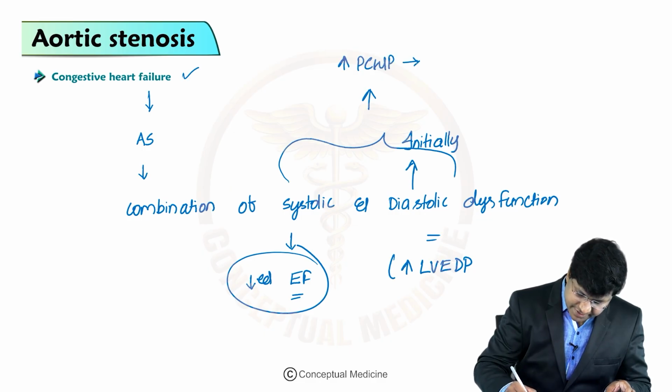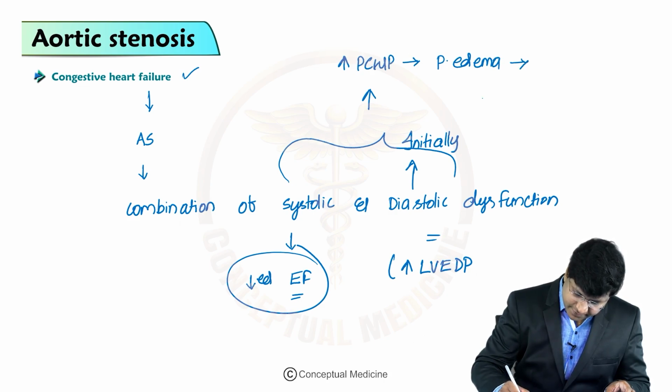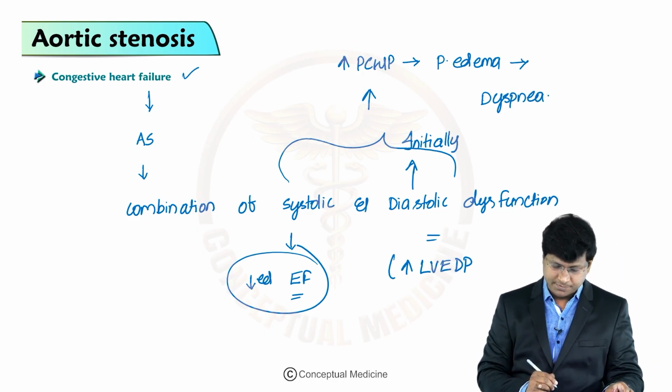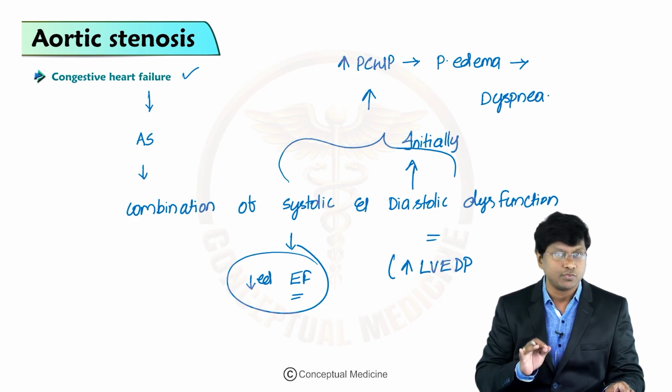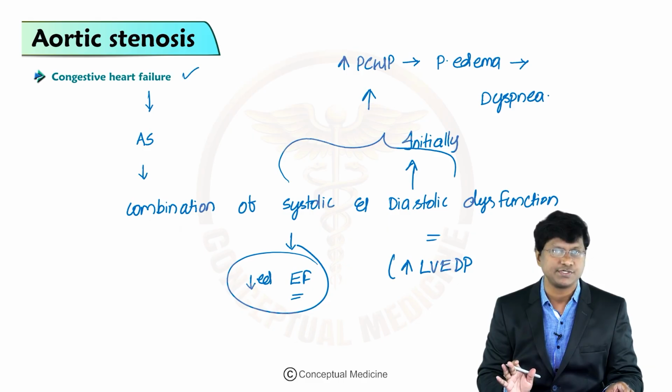Because of the increase in pulmonary capillary wedge pressure, there is development of pulmonary edema, and that is what is responsible for dyspnea. So that is about congestive heart failure, why it will be there in patients with aortic stenosis.